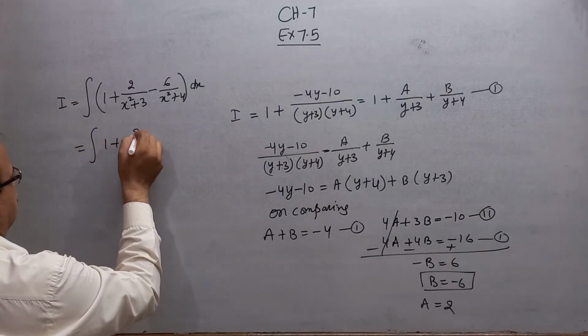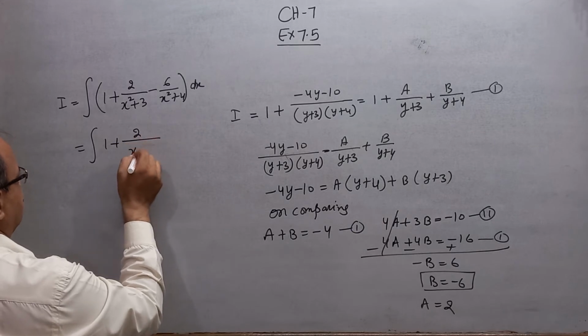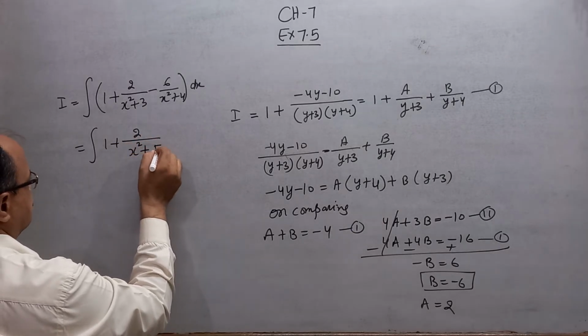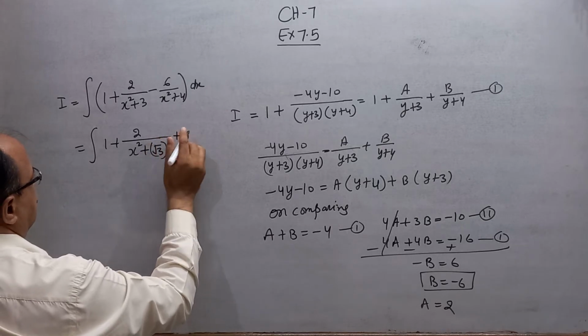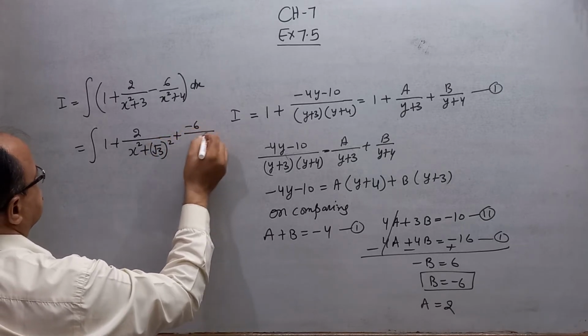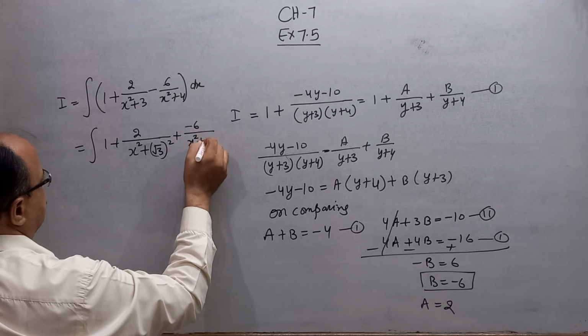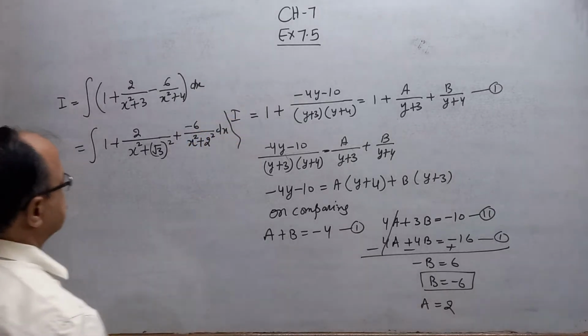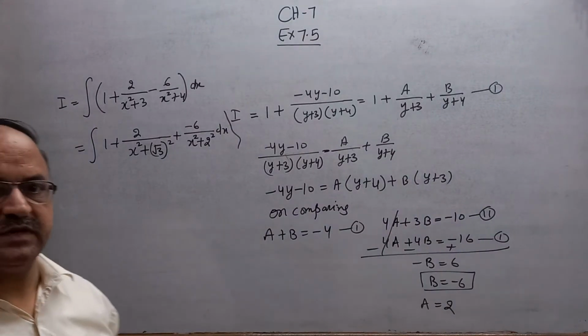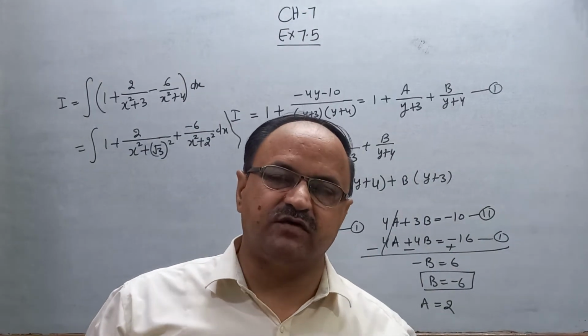Integration of 2 upon x square plus root 3 square minus 6 upon x square plus 2 square. Apply the identity: integration of 1 upon x square plus a square is 1 by a tan inverse x by a formula.